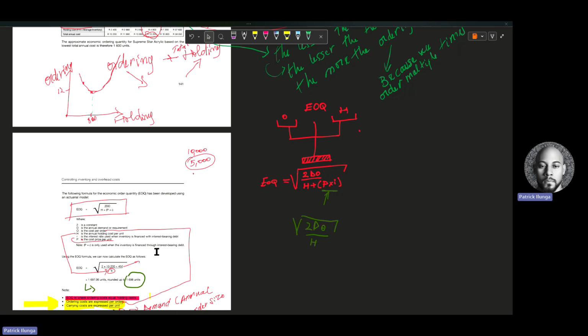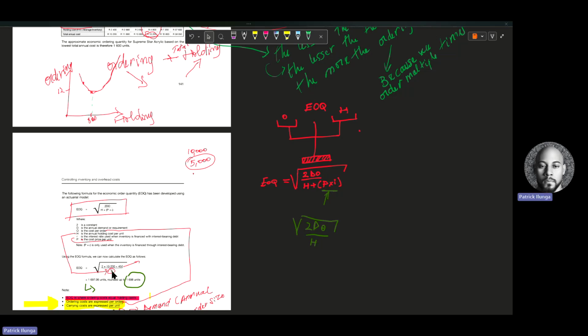But if there is no interest-bearing debt financing the inventory, you need to skip this. So whatever is in the parentheses will basically be 0, so H plus 0 equals H.